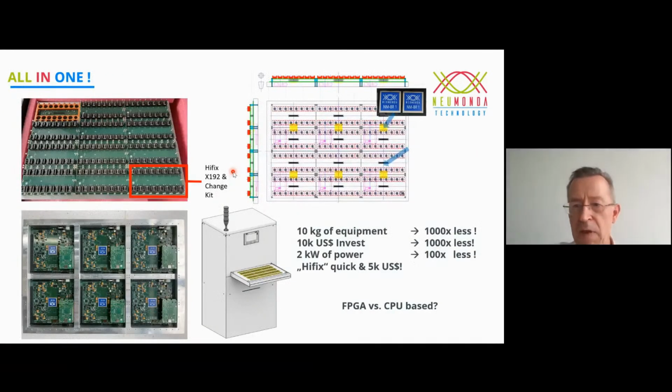So this is why we came up with a very different approach. Try all in one. We developed a board where the electronics is at the bottom, protected from the severe temperatures of testing, minus 40, 50 to plus 125 degrees.